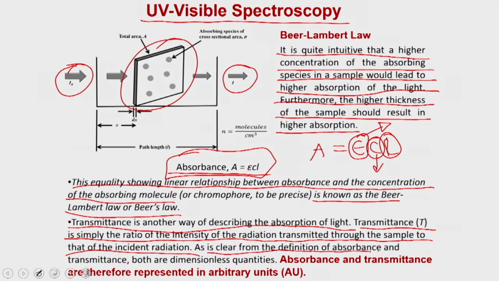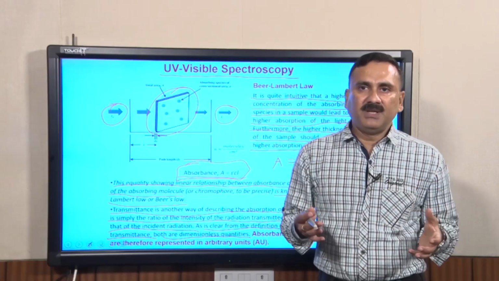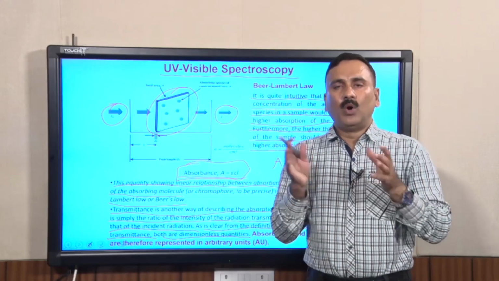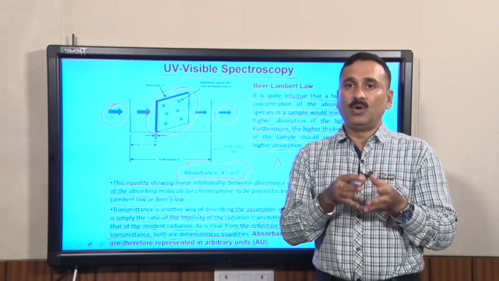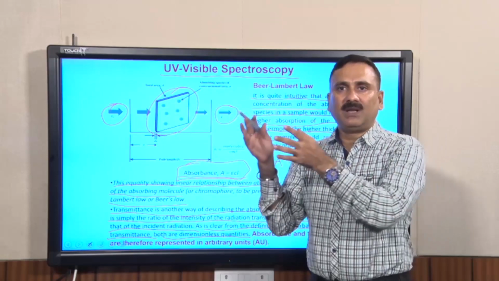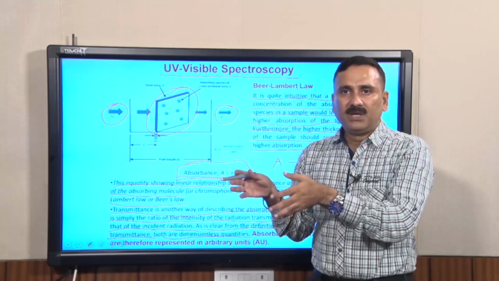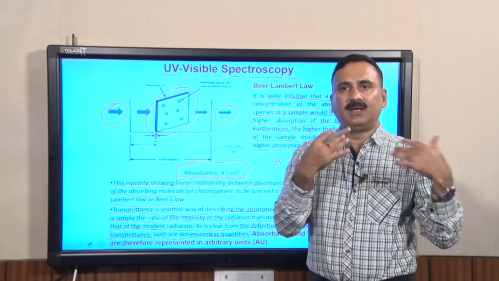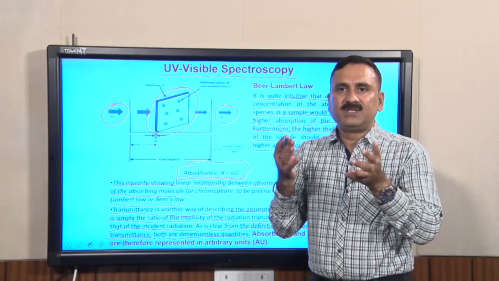It is clear from the definition of absorbance and transmittance that both are dimensionless quantities, which means whether it is absorbance or transmittance, both are dimensionless because both are actually ratios. In one case it is the ratio of the light which has been absorbed versus the total light, or in the other case it is the light which has passed through.